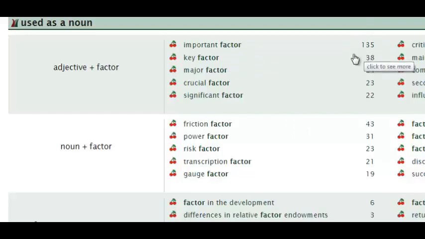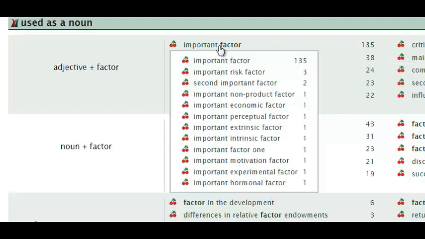So there are 135 instances within the corpus, or the body of texts, that we selected. Now to see how they're used, all we have to do is click on "important factor", and you can see all of the different types here of important factor. I always look at the most frequent examples.